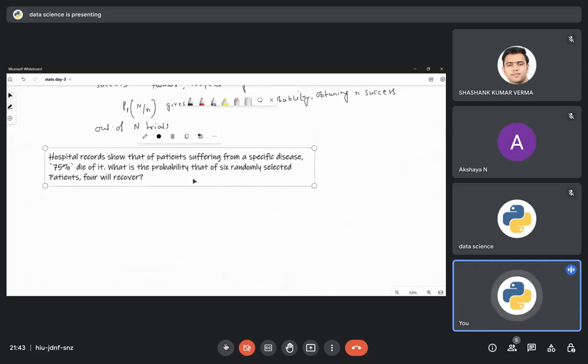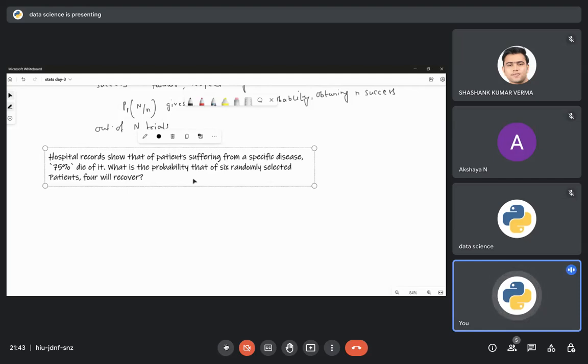A hospital record shows that a patient suffering from a specific disease has a 75% chance of dying of it. Then what is the probability that of 6 randomly selected patients, 4 will recover?